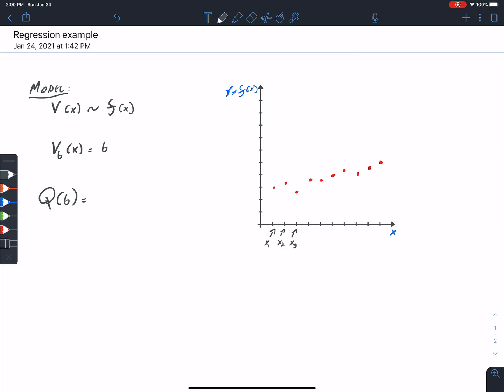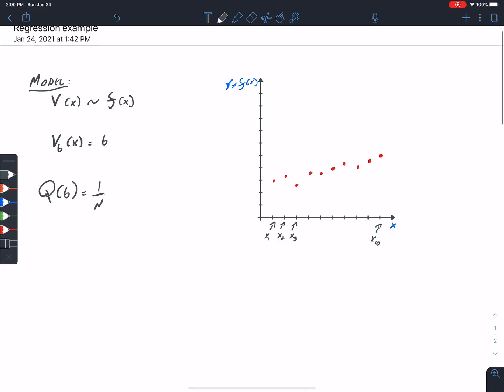So this function can be written as, let's take the average, 1 over n. So let's say we have 10 points here. So this will be the 10th coordinate. In this particular example, we have that n equals 10.